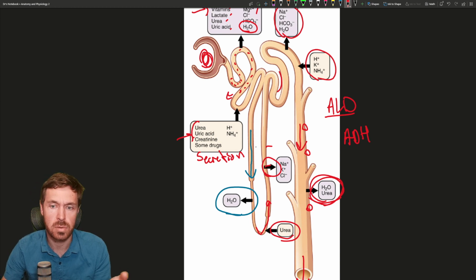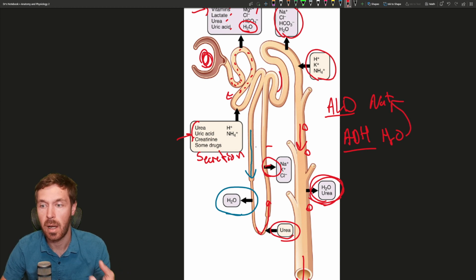It can add them to the ascending limb, proximal convoluted tubule, and distal convoluted tubule, but increases sodium reabsorption. If you increase sodium, water from antidiuretic hormone will follow. So it's all linked. Water follows sodium; water will follow the higher concentration. So hormones play a role here. There are other hormones that can have an effect in here.